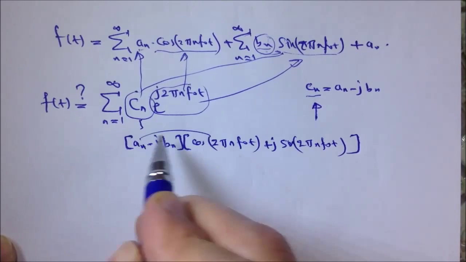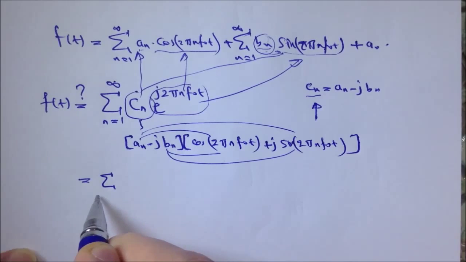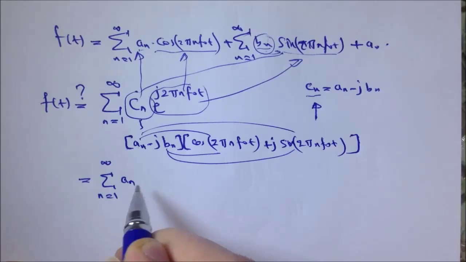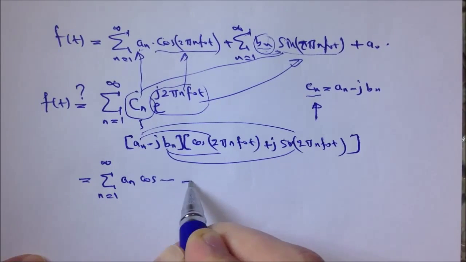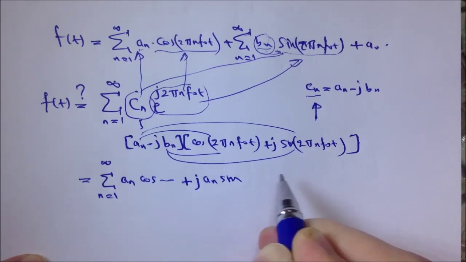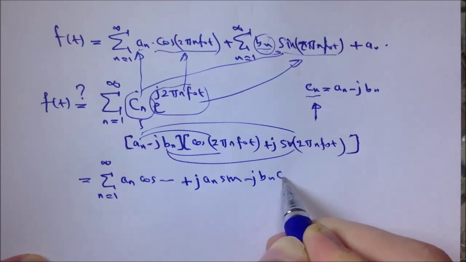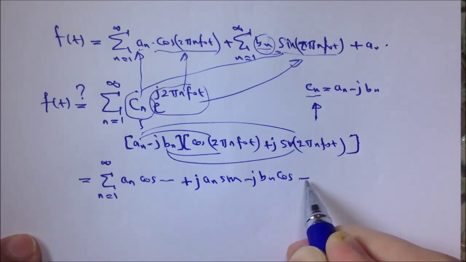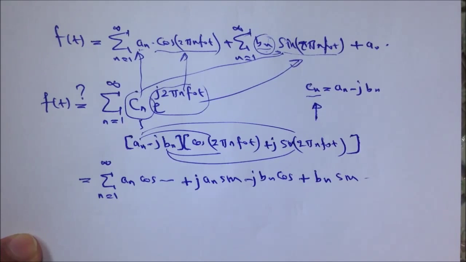So we have summation from n equals 1 to infinity of a sub n cosine 2 pi n f naught t plus j a sub n sine 2 pi n f naught t minus j b sub n cosine 2 pi n f naught t, and j times j is minus 1, so we have plus b sub n sine 2 pi n f naught t.